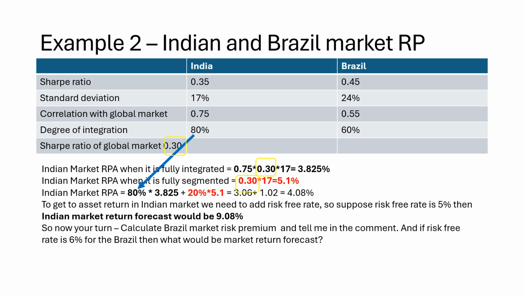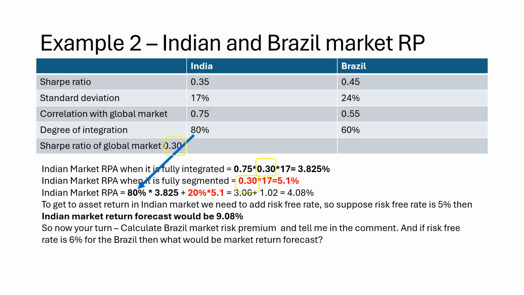Okay, so if we calculate this term, then we have 4.08% as the risk premium. Now remember, we need to add the risk-free rate also, and the risk-free rate here, let's suppose it is 5%. Then the Indian market return forecast would be 4.08% plus the 5% risk-free rate, that is 9.08%.